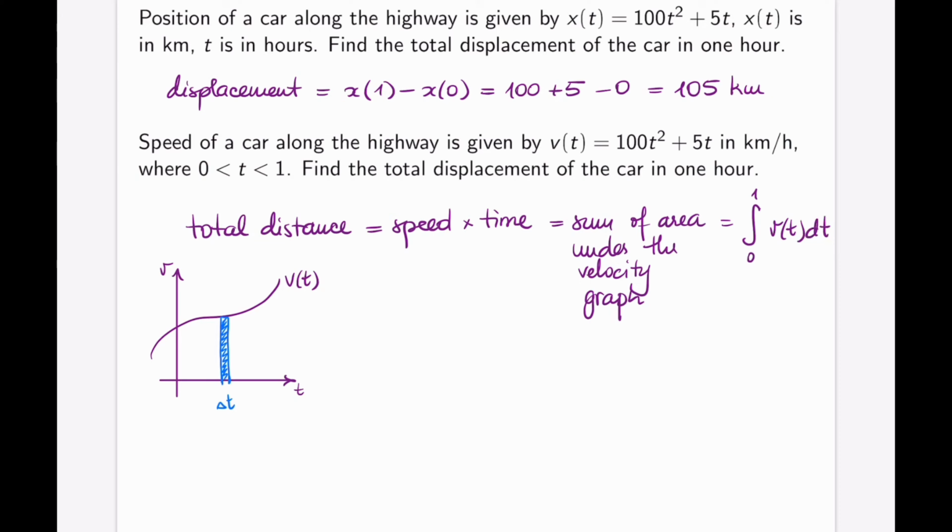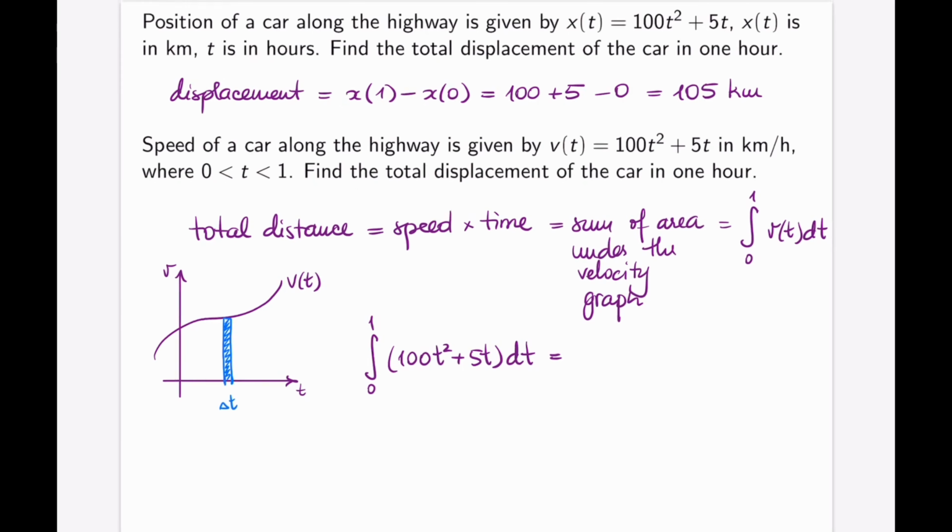So in this particular case, I would be interested in the integral from 0 to 1 of the velocity function as given, 100 t squared plus 5t dt, and if I actually find the antiderivatives, what am I going to get?